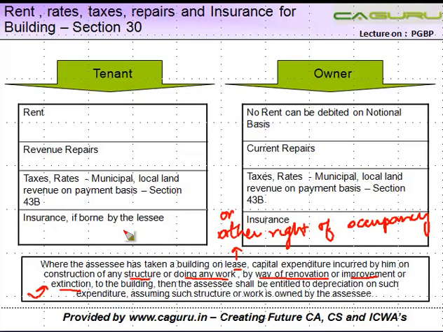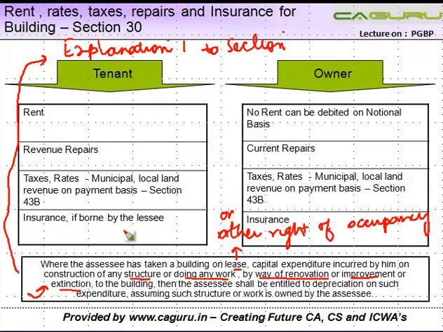To the building, then the assessee shall be entitled to depreciation on such expenditure, assuming such structure or work is owned by the assessee. This is basically nothing but Explanation 1 to section 32. Under this explanation, it is deemed that the assessee is the owner of the building, and therefore this is a capital expenditure which he's incurred, and therefore he should be entitled to depreciation on such amount.